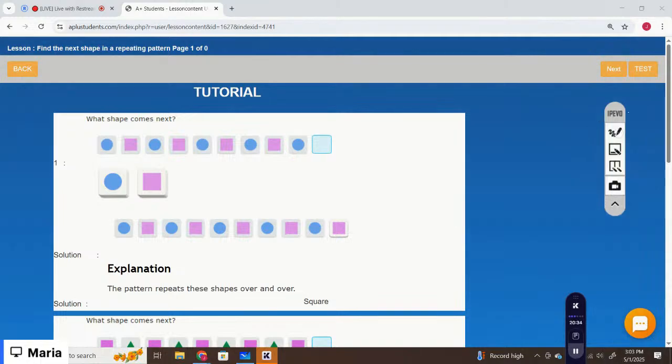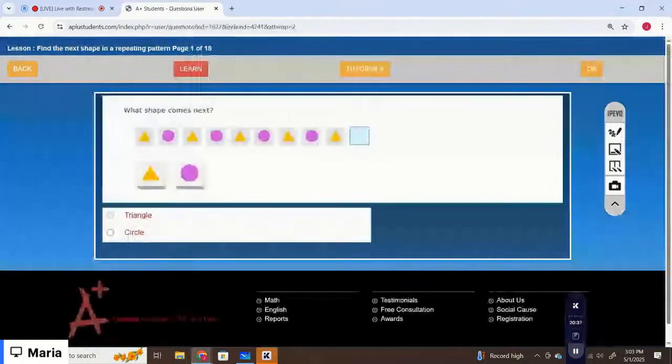Let's just start with the test questions. What shape comes next?